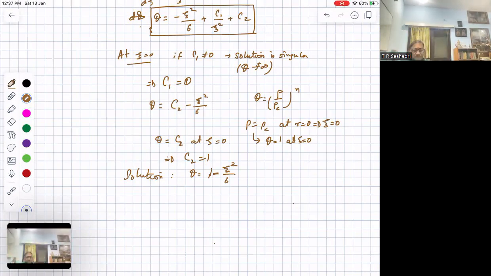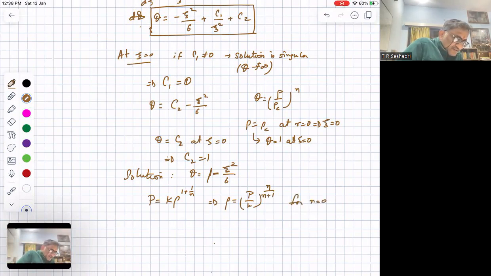Is that okay? Now, okay. So now P is equal to K rho power 1 plus 1 by n, which implies that rho is equal to (P by K) to the power n by n plus 1.